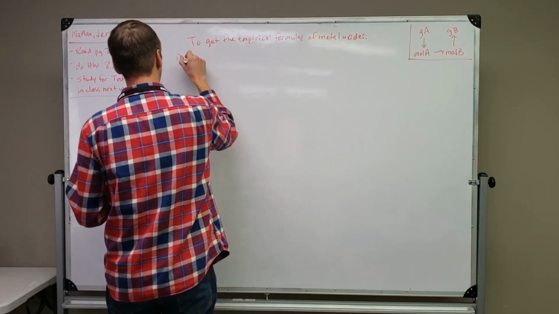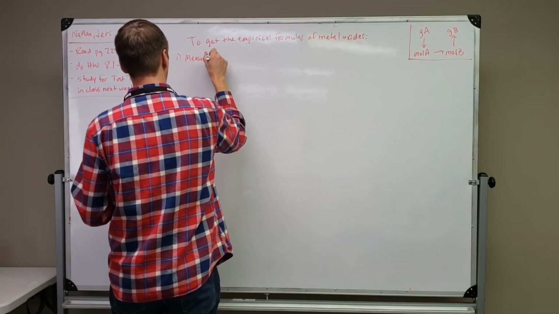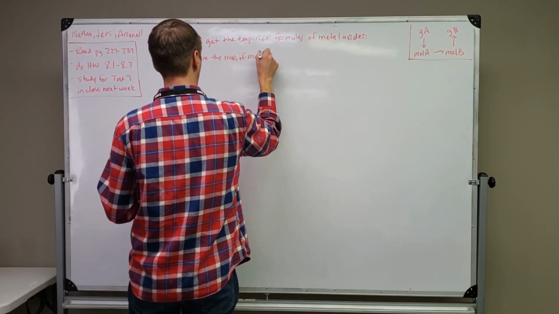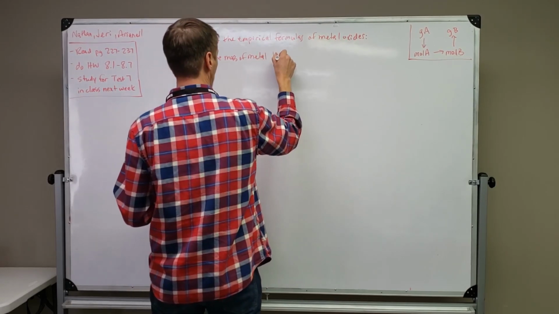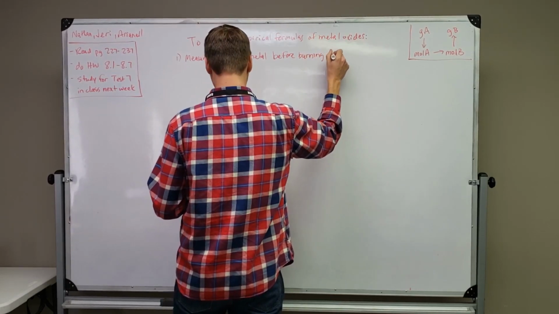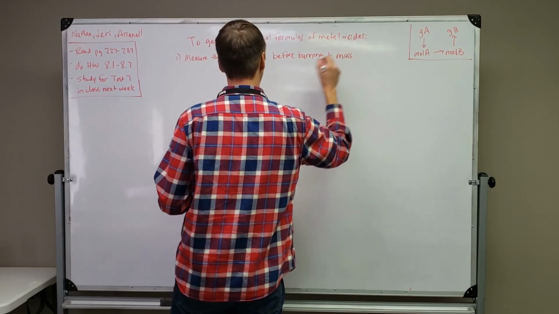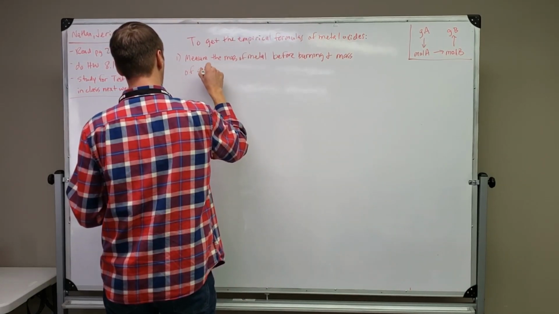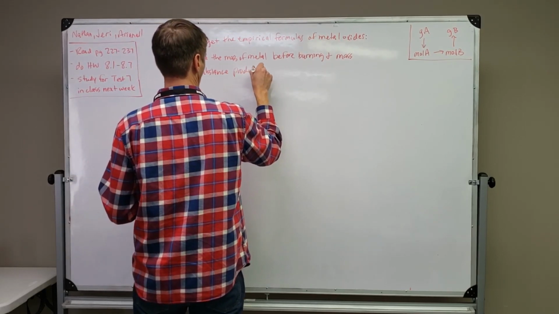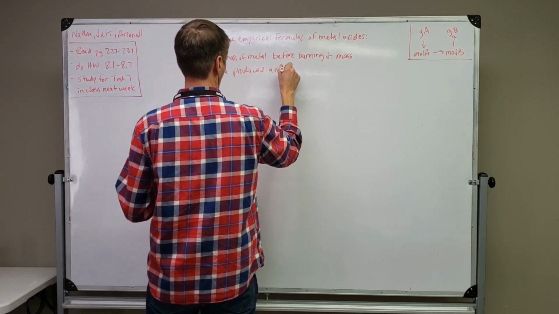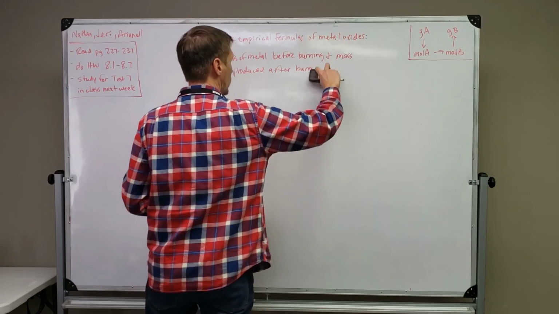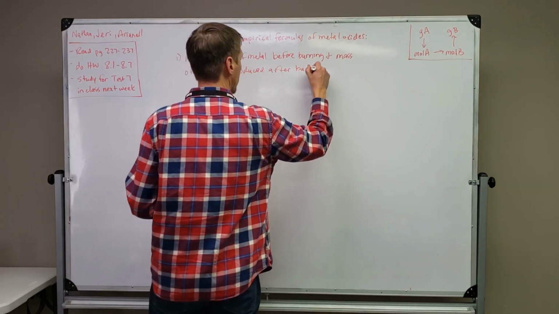Number 1, measure the mass of the metal before burning and the mass of substance produced after burning.